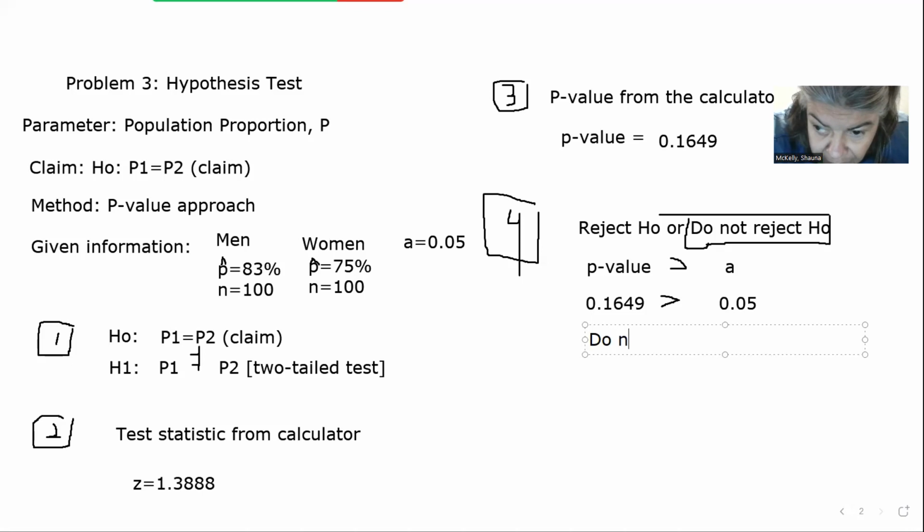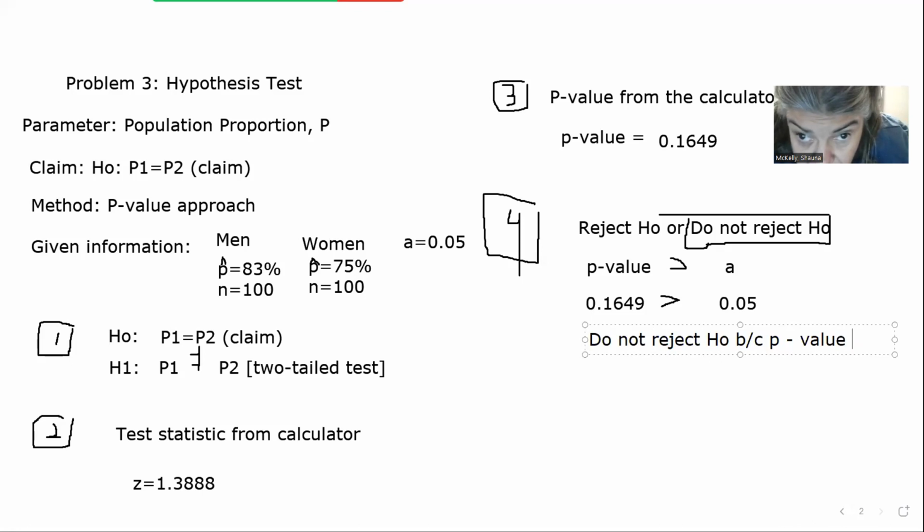You can say, do not reject H0 because p-value is greater than my alpha. Okay, that's what you say.